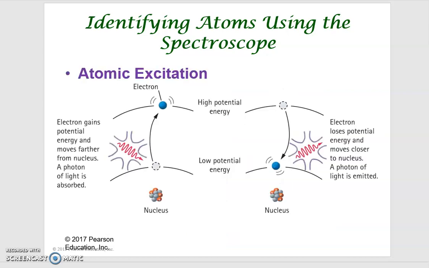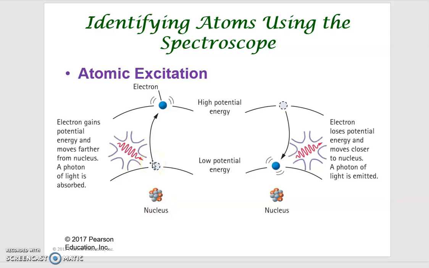When energy is provided to electrons within the atoms, this is a nucleus and this is one of the electrons. If the energy is provided, then this electron will be excited and jump to another orbit, which is also circling around the nucleus.